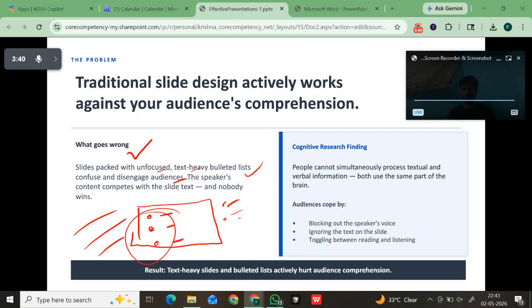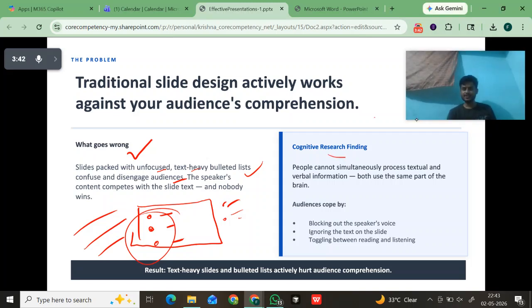So, the cognitive research finding. What does the research say? People cannot simultaneously process textual and verbal information. Both use the same part of the brain. When I am a learner watching a screen and there is a voiceover narration, either I can fully focus on the narration, or I can fully focus on the screen.